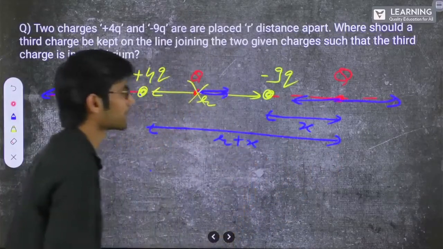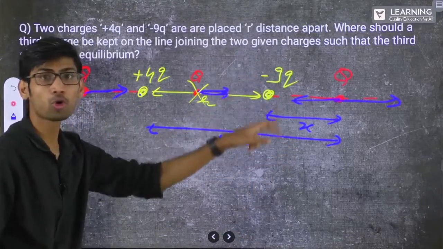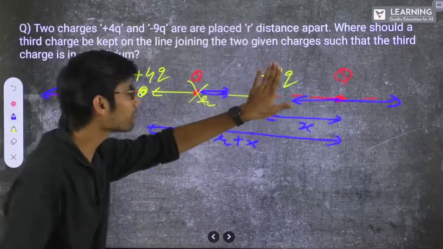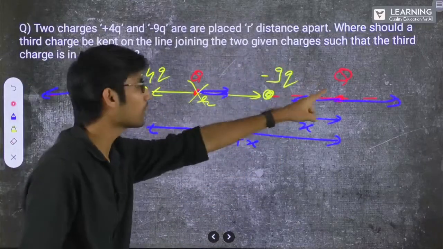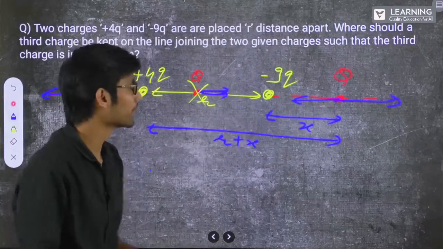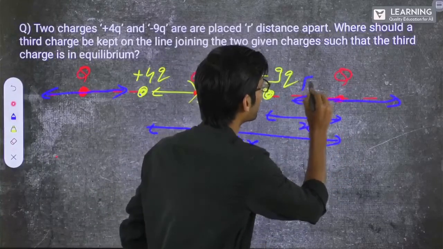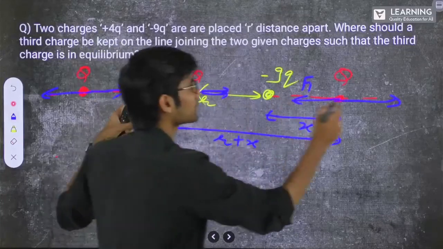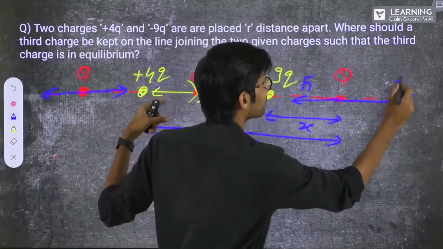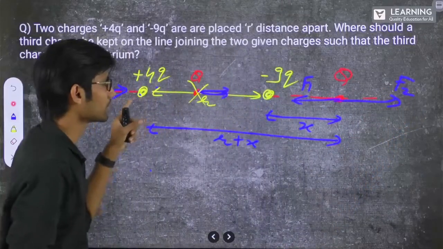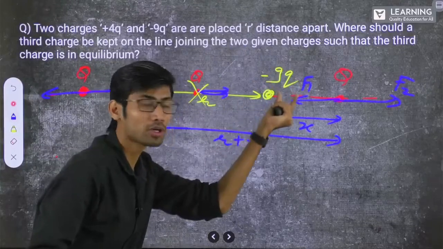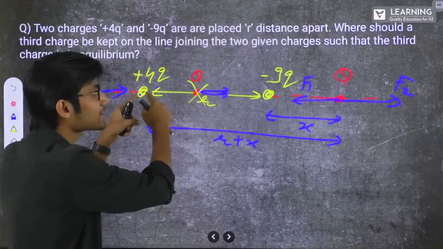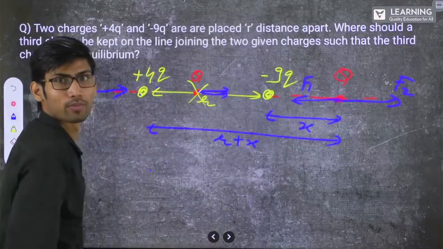Now you tell me one thing. This charge is more. This distance is also small. That means the force due to this charge on this charge, suppose this is F1, and the force on this charge due to this charge, if this is F2. Here the charge is also more, the distance is also less. Here the charge is less and the distance is also more.